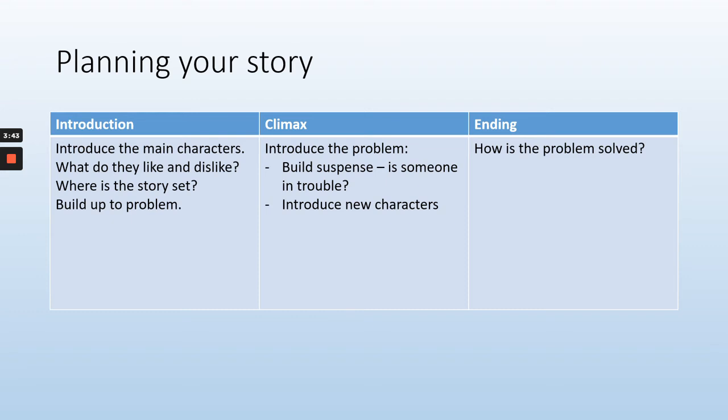Okay, now in the middle column underneath climax, this is where we're going to think about what our problem is in our story. You're going to introduce the problem. Is someone in trouble? Are there new characters that come into the story? This is where you're going to start.